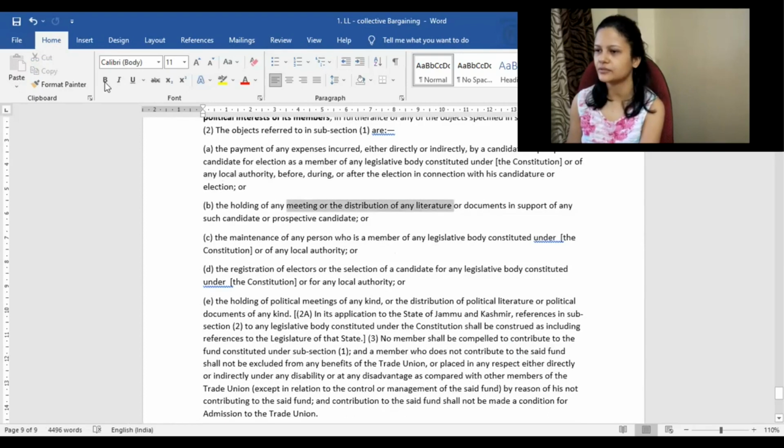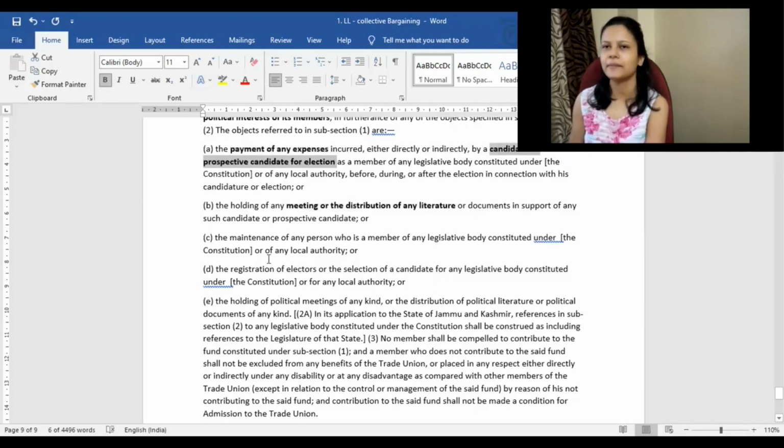Meeting and distribution of documents, and payment of expenses incurred, whether directly or indirectly, by a candidate or prospective candidate for election at the time of filing of nomination, or at the time of joining a party, whatever expenses are incurred, those also will be borne.